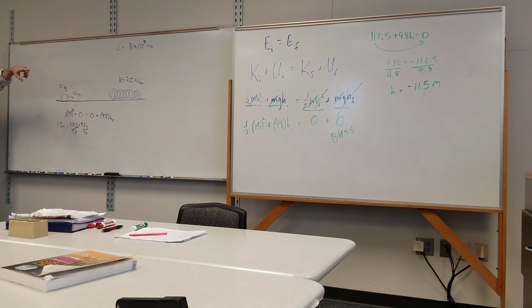There's a force coming from the spring. The spring's pushing against it, and the more the spring is compressed, the more it pushes. So there is going to be a force this way, F sub S. Since it's moving to the right and the net force is to the left, it will slow down, which makes sense: as it compresses, I would expect the mass to slow down, not speed up.